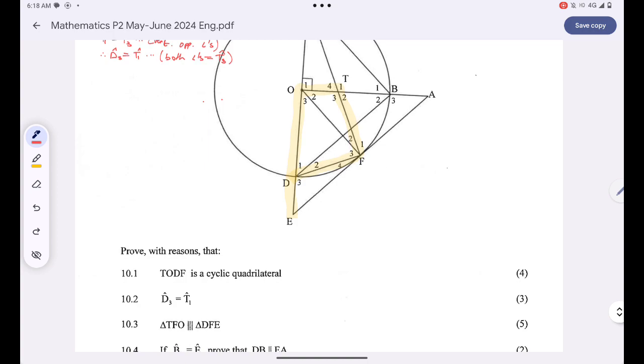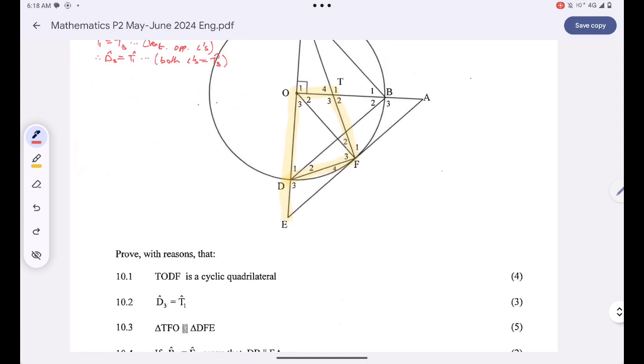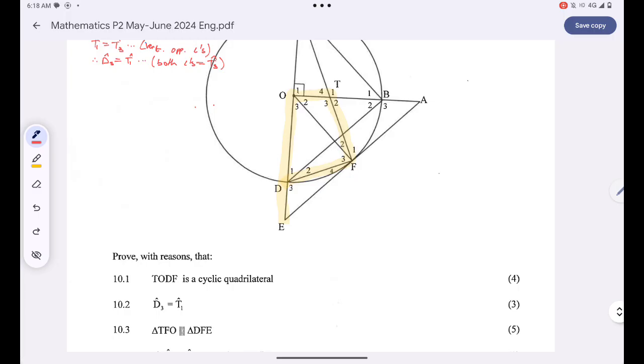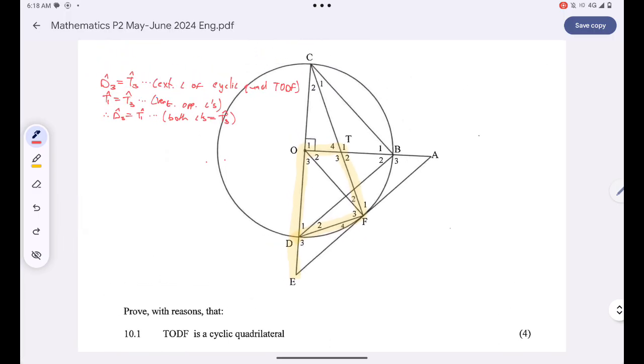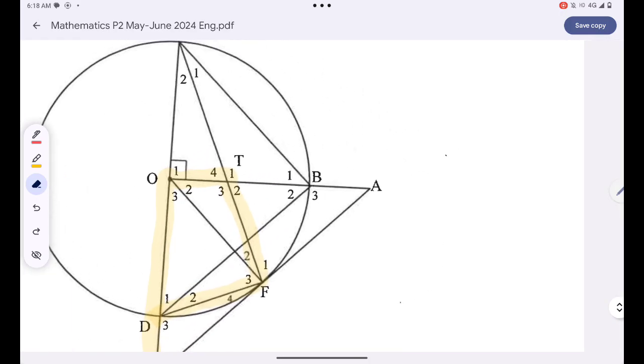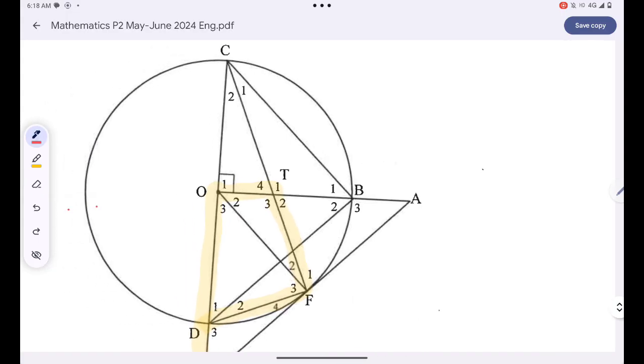Okay, on the next question, I'm supposed to show that triangle TFO is similar to triangle DFE. I just need to compare two triangles over here. Let me write on the other side. So I'll simply say in triangle TFO and triangle DFE.